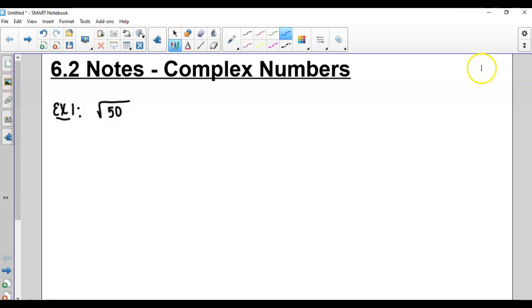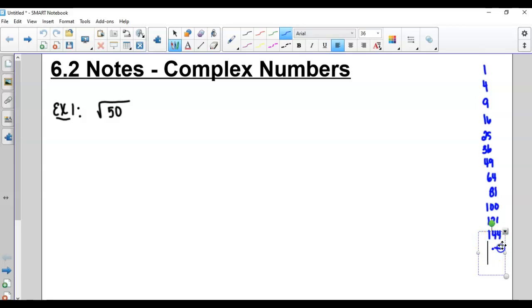If we remember our perfect squares, 1 squared is 1, 2 squared is 4, 3 squared is 9, 4 squared is 16, 5 squared is 25, 6 squared is 36, 7 squared is 49, 8 squared is 64, 9 squared is 81, 10 squared is 100, 11 squared is 121, 12 squared is 144, and so on.